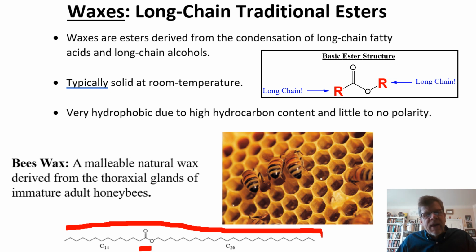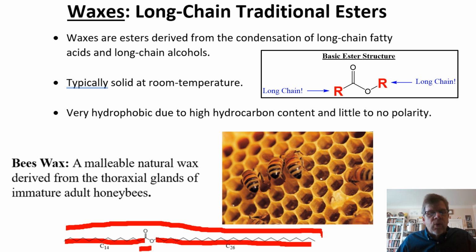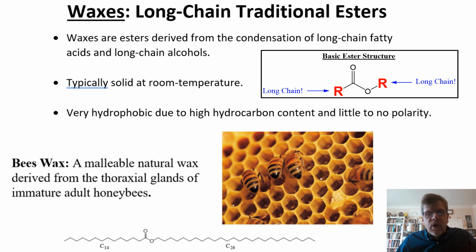On the carboxylic acid end, we see a very long carbon chain, indeed 14 carbons. And on the alcohol portion, we see a very long carbon chain, indeed 26 carbons. Put together, if we were to isolate this particular compound, it would have the attributes of a wax.